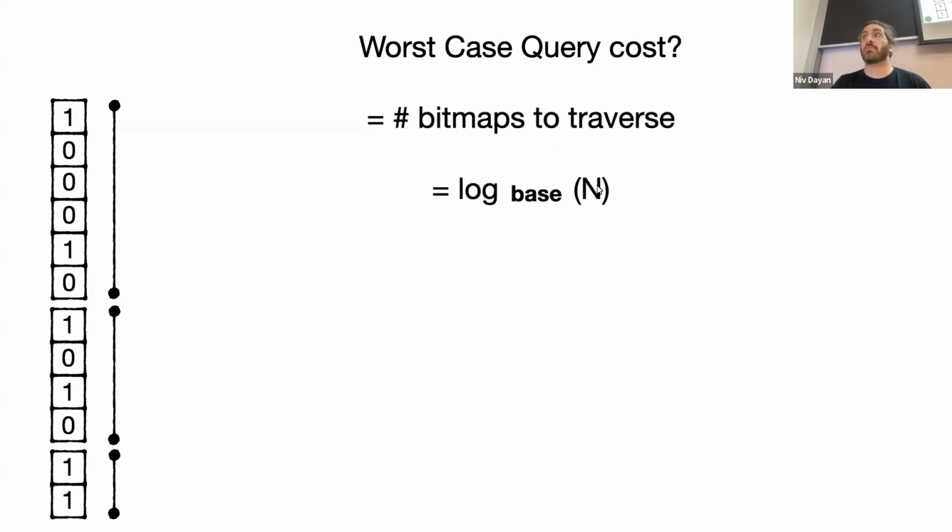That's going to be log of something, right? Why? The sizes of the bitmaps decrease by the same factor in each iteration, so the total number of iterations until my construction algorithm succeeds is just log of n with this factor by which the bitmaps are changing size.